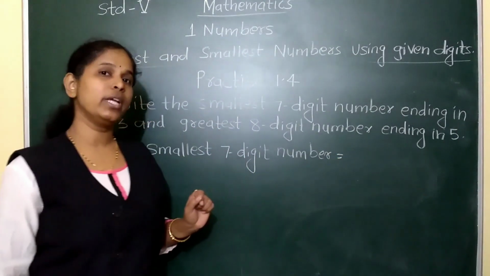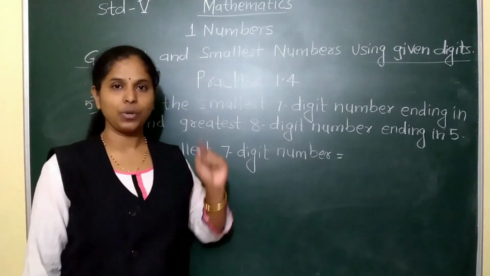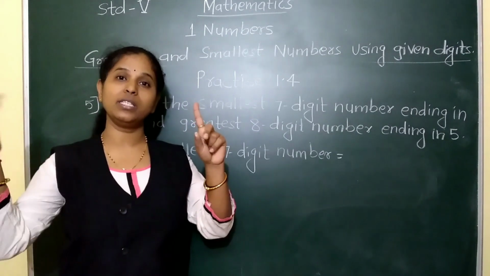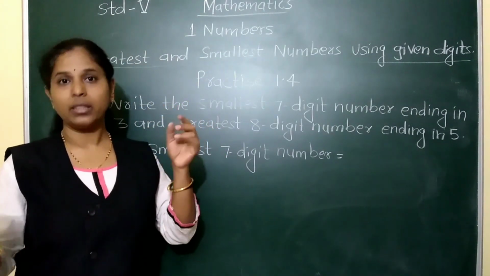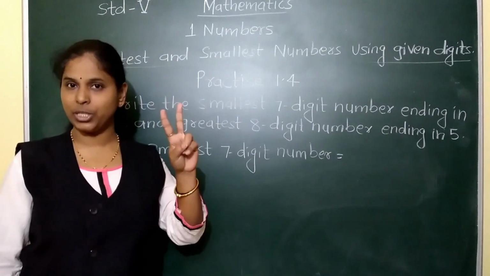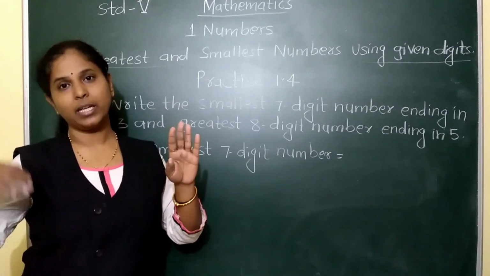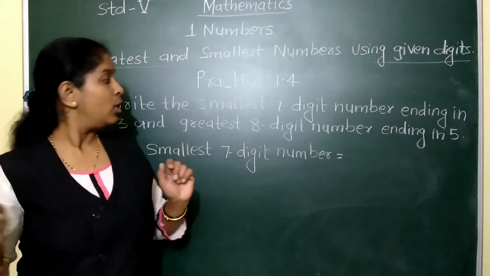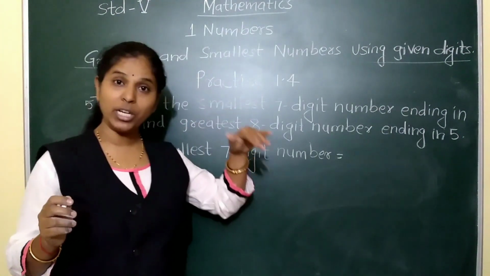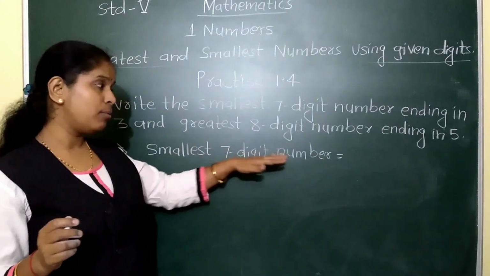What is the smallest single digit number? 1. And the greatest single digit number is 9. Then smallest 2-digit number is 10. And the greatest 2-digit number is 99.